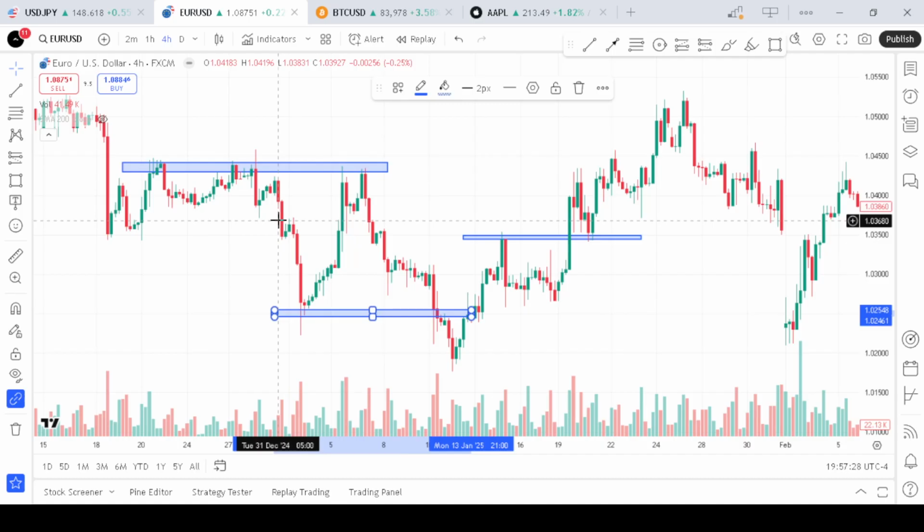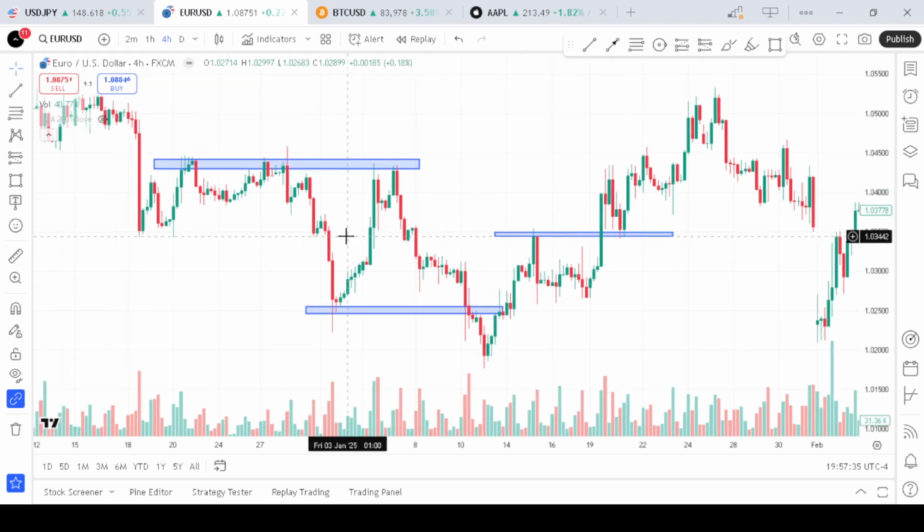Understanding these dynamics allows you to anticipate market behavior and prepare for potential reversal or consolidation. By focusing on these levels and their historical significance, you gain valuable insight into market psychology and the supply and demand forces that drive price action.